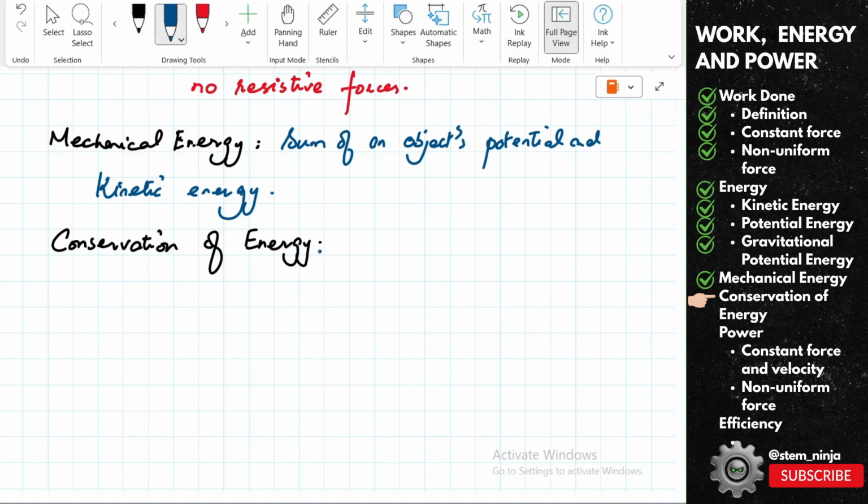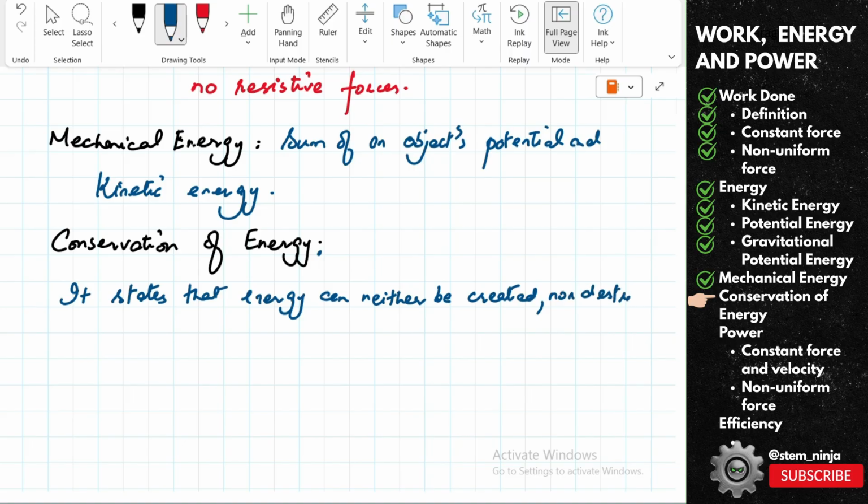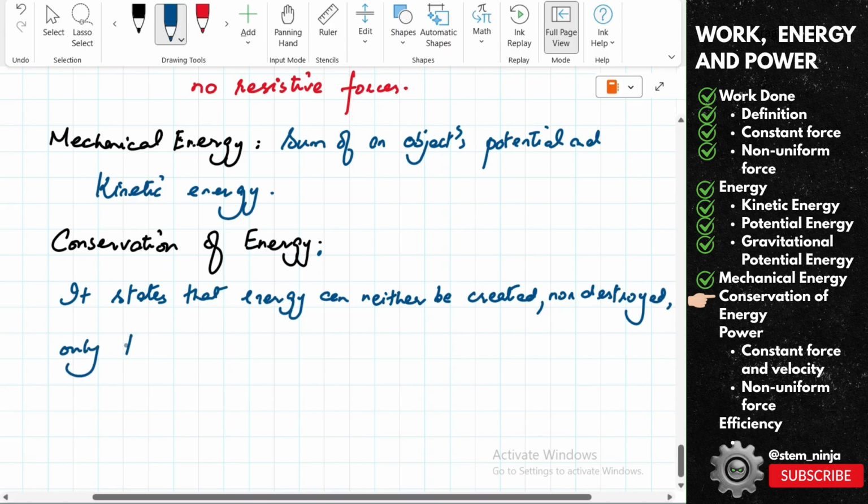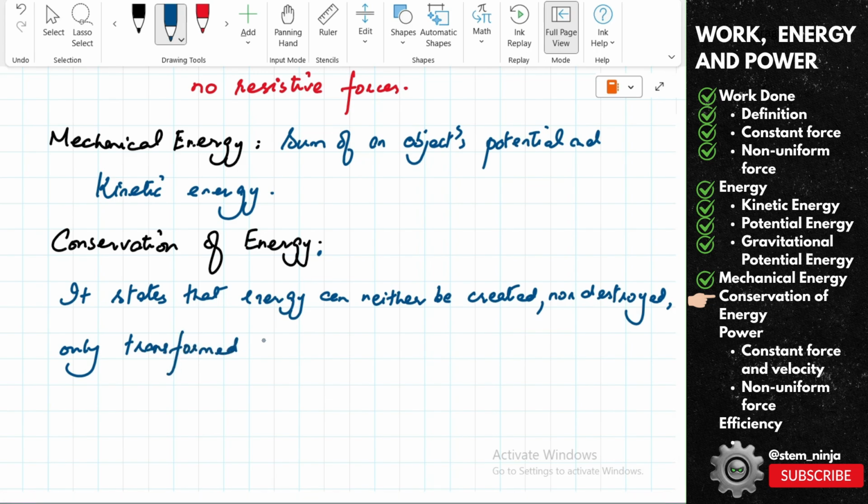So we are already familiar with the law of conservation of energy, that it states that energy can neither be created nor destroyed, only transformed from one form to another.